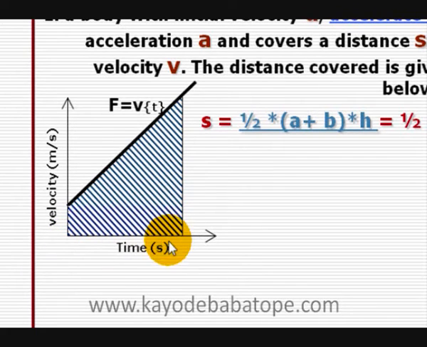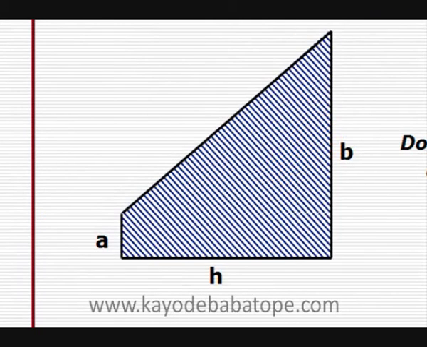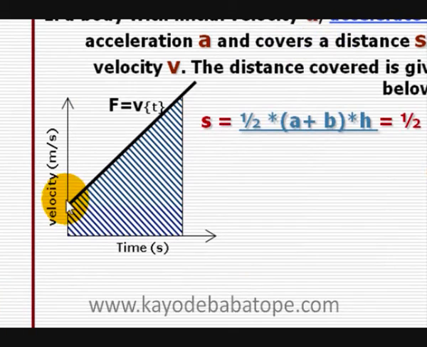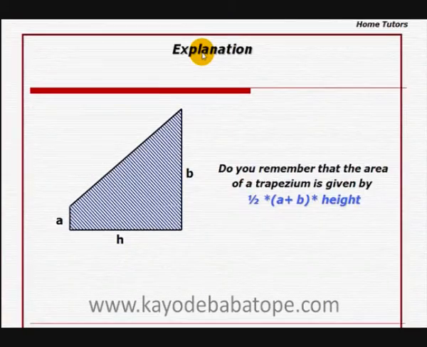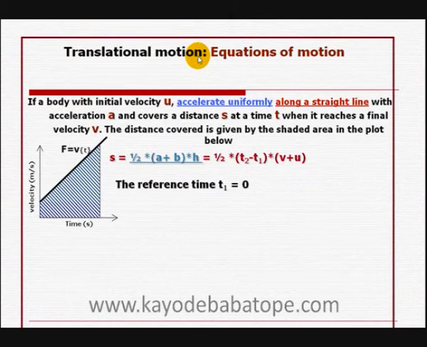T2 is the time at the end of the journey, and t1 will usually be 0. And a plus b is the initial velocity plus the final velocity. So this is what we have: a plus b, where one is the initial velocity, the other is the final velocity, and then the height is t2 minus t1. The reference time usually will be 0, like we said earlier.